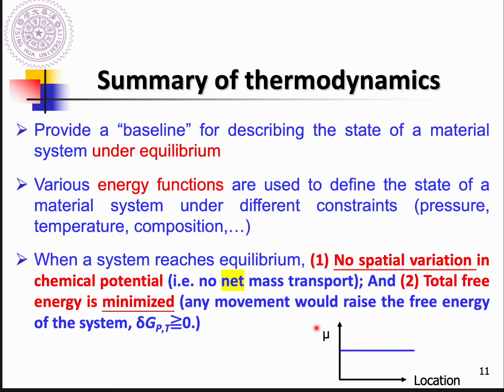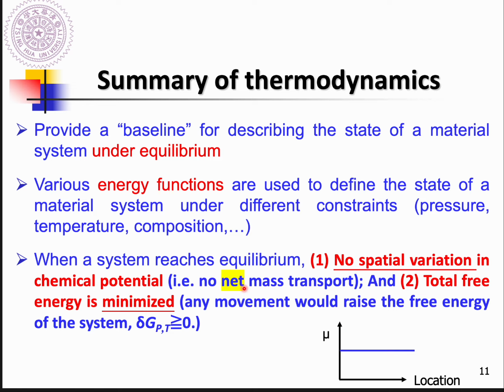So if you draw the chemical potential as a function of location, you get a constant. So that will lead to no mass transport, because there is no driving force.